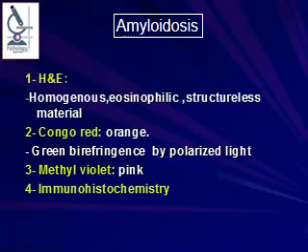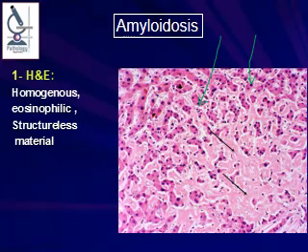This is your slide, amyloidosis within the liver by H&E. This is the usual stain, which is hematoxylin and eosin. As we see here, I'm going to point to the liver cells by a green arrow. The liver cells are normal. There is no pathology within the liver cells.